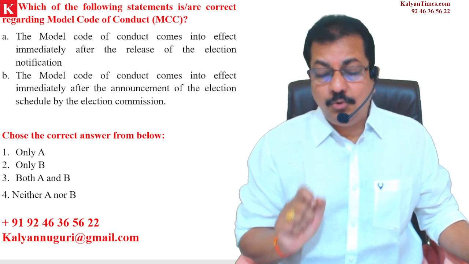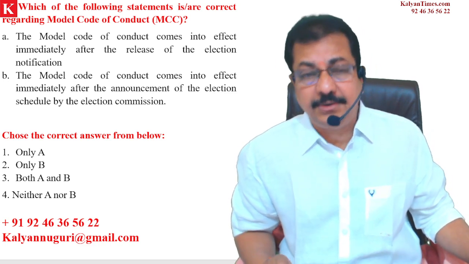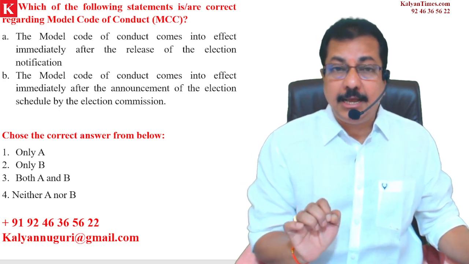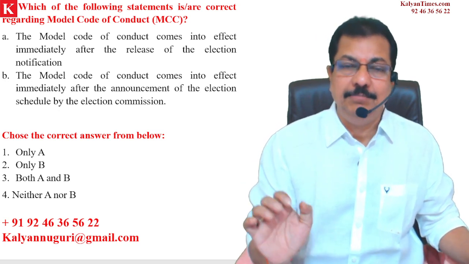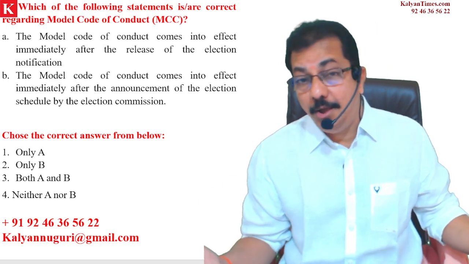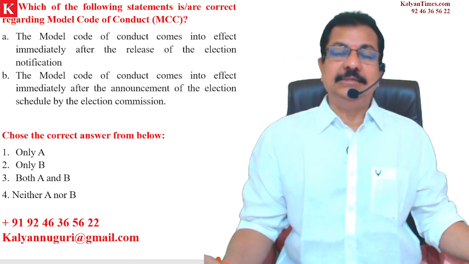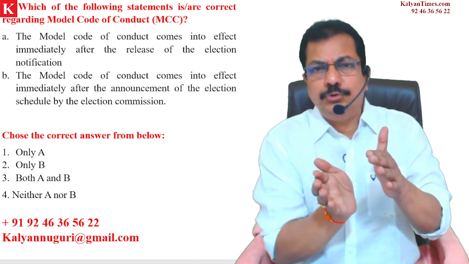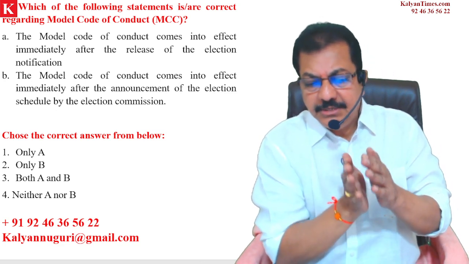Now look at statement B: the model code of conduct comes into effect immediately after the announcement of the election schedule by the election commission. Now you have to tell me whether statement B is correct or not. Statement A and statement B both look alike.